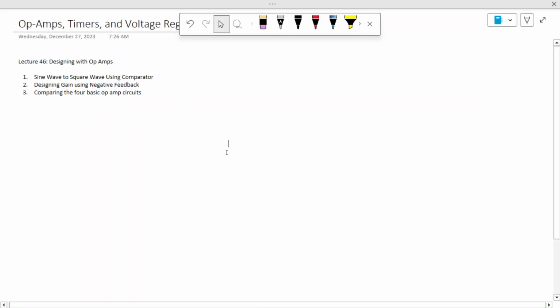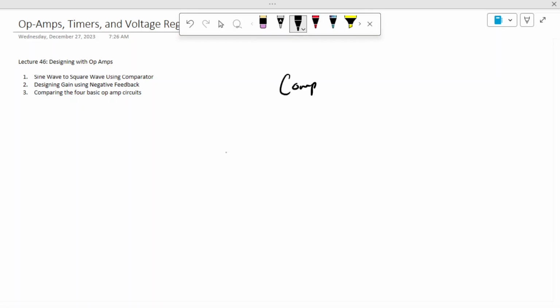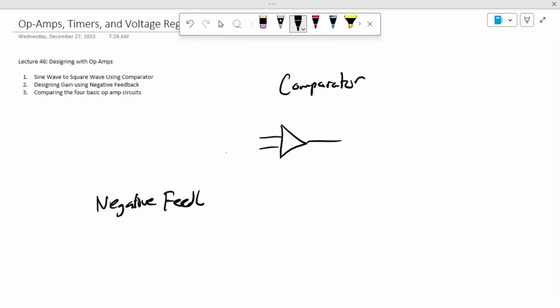Let's now look at the comparator circuit. The comparator, if you remember, has no feedback. This is the open loop one without the closed feedback loop that drives it to balance to 0. And again, I want to go back and say that with negative feedback, the tendency is to drive to 0.